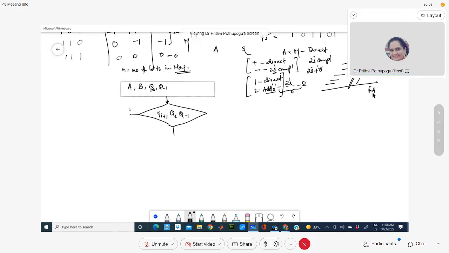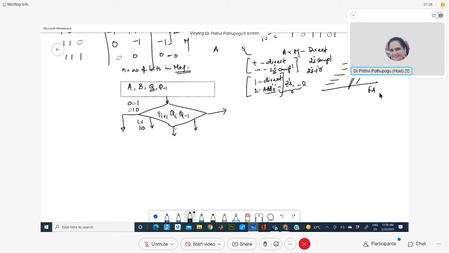So I'm writing the values 0, 0, 1 or 0, 1, 0. How many can we get? 4 decisions that need to be made. 1, 0, 1, 1, 1, 0. I'm writing this flow chart with respect to this table.